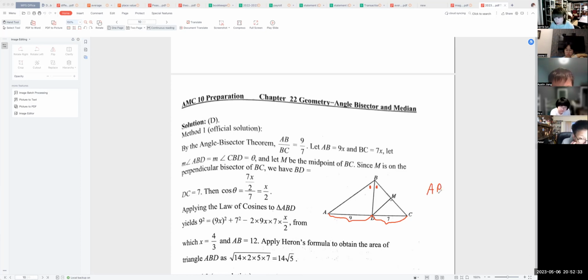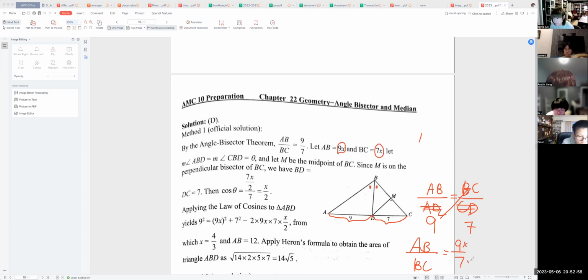Because AB to AD equals BC to CD, and we know AD is 9 and CD equals 7. So that's why AB to BC equals 9 to 7. Do you understand this? Okay, so we just make AB equal 9x and BC equal 7x. Can we do that? Okay, so this one is 9x, this is 7x.